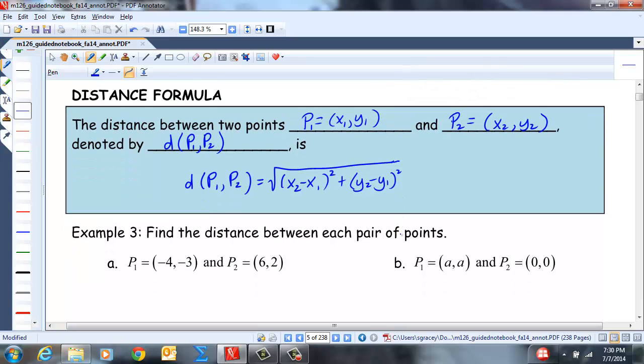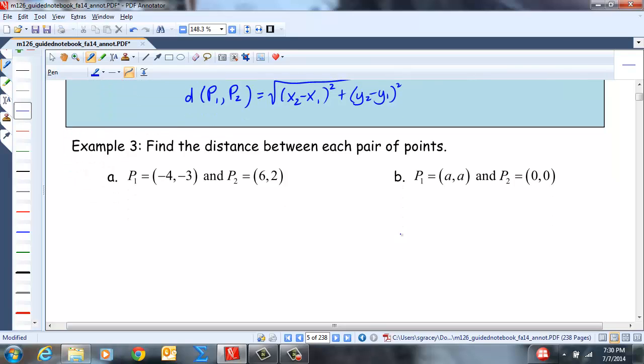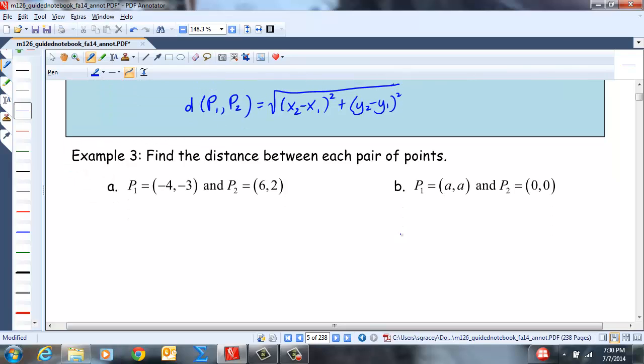Find the distance between each pair of points. So I'll leave that formula up here so we can see it. So the distance between P1 and P2 is the square root of. So what's my x2? Good. 6, and then minus, be careful with the signs, the minus is in that formula, and that quantity is going to be squared, and we'll add to that 2 minus negative 3 the quantity squared.